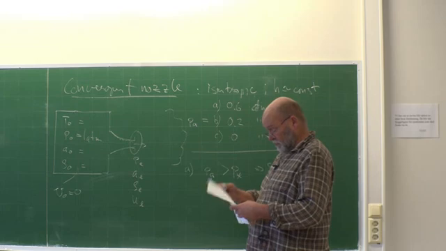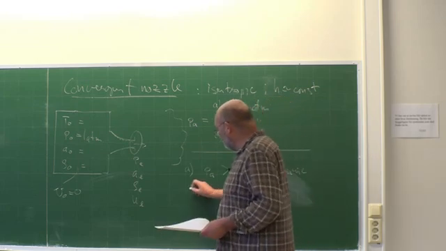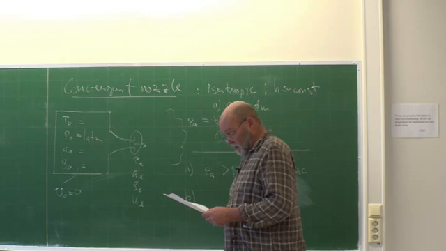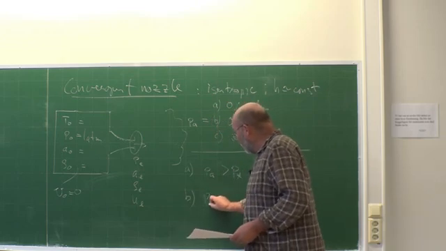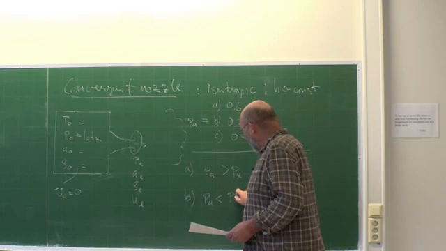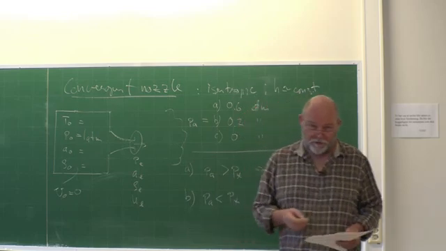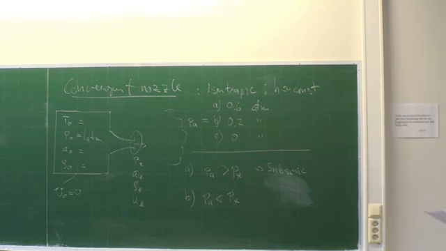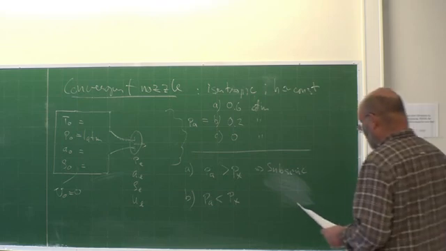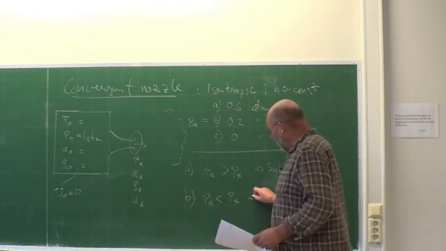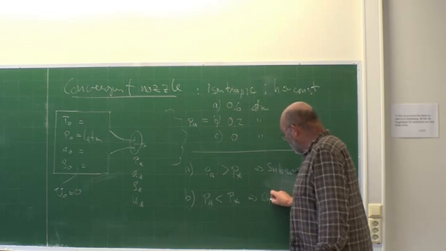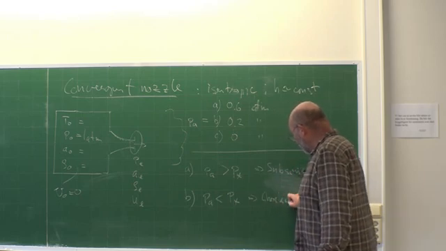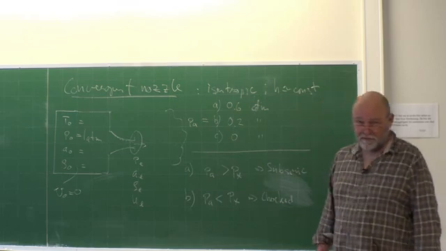For case B, now that one is going to be smaller than this critical pressure. So now we will have a choked nozzle. Choked. What does that mean?